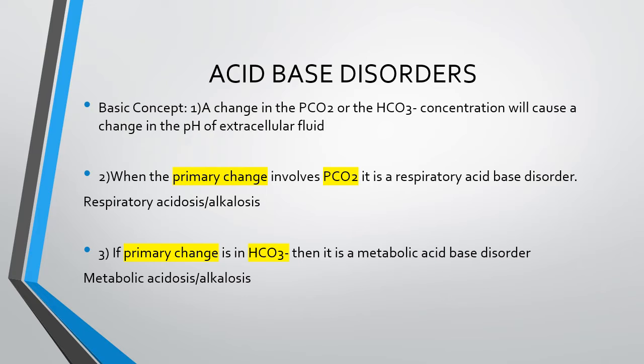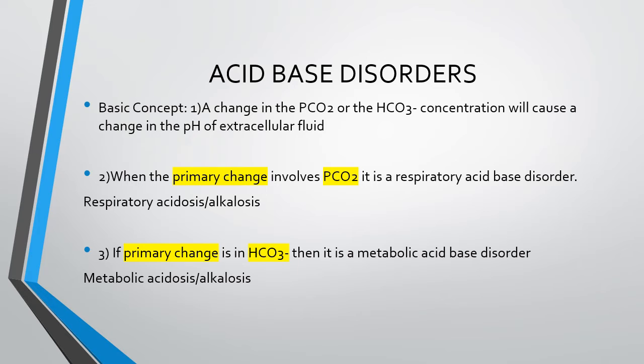So now coming to acid-base disorders. The basic concept in acid-base disorders that I'd like all of you to understand is that a change in the PCO2 or a change in the bicarbonate concentration will cause a change in the pH of the extracellular fluid. This change can either be a primary change in the bicarbonate or a primary change in the PCO2.